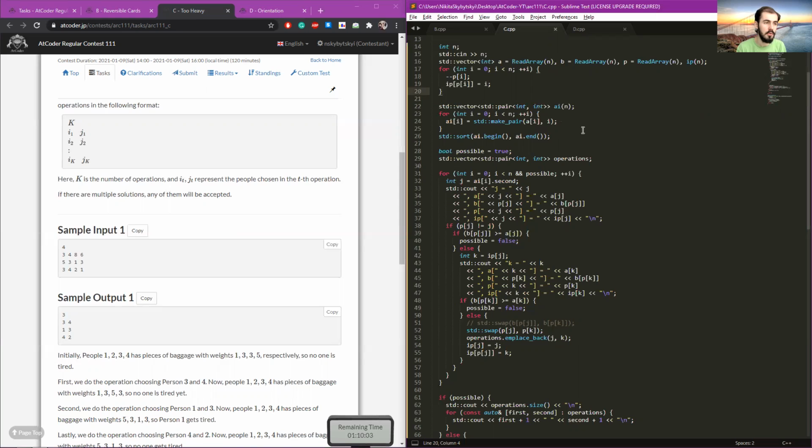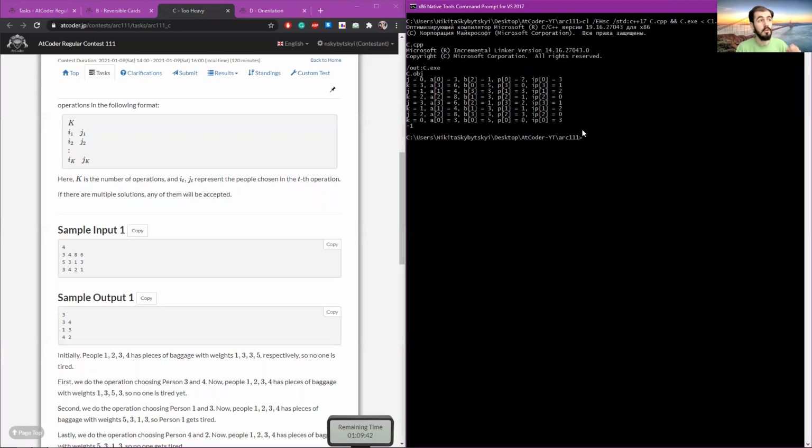We swap entries pj and pk in our permutation, right? We do in-place permutation jk. So here we do permutation like 0, 3, 1, 2, 3, 1, and 2, 0, and something breaks.